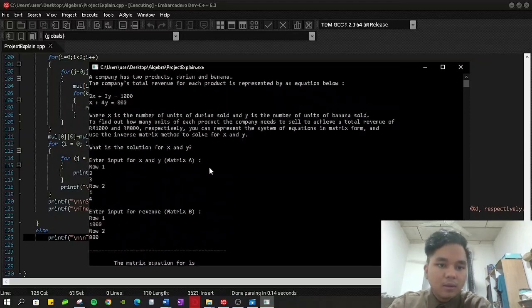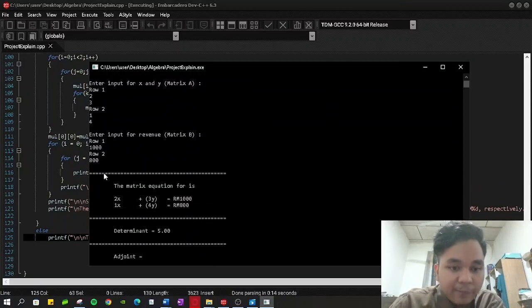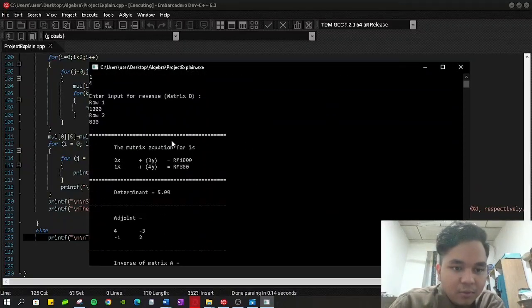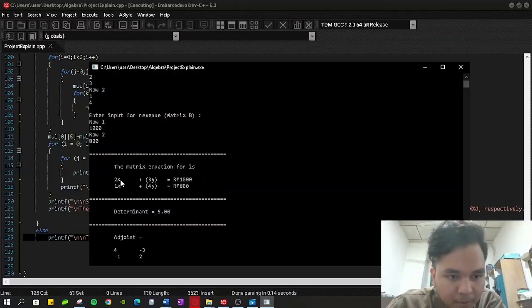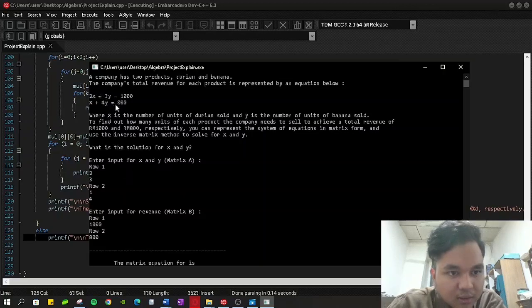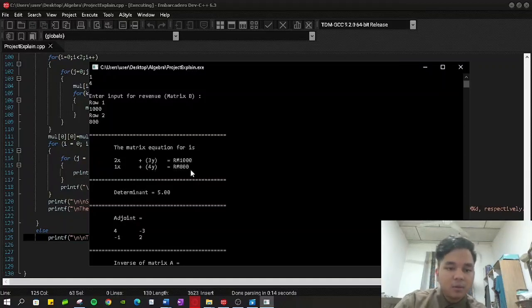So this is the answer for the question. This is the section that shows the matrix we just entered. As you can see here, it's the same. 2x plus 3y equals 1000, 1x plus 4y equals 800.